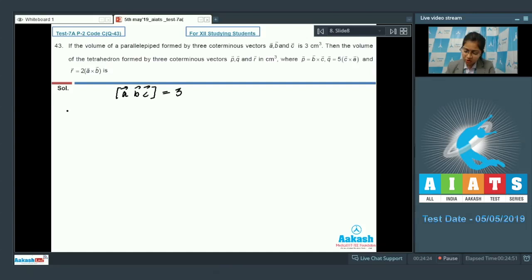So we have to find the volume of the tetrahedron, that is 1 by 6 times [P, Q, R].